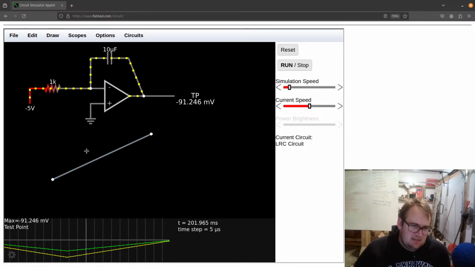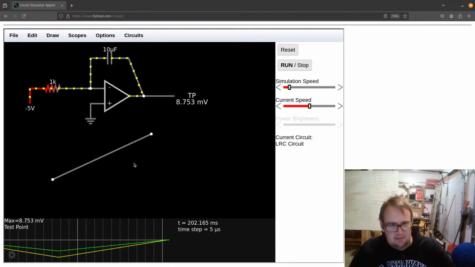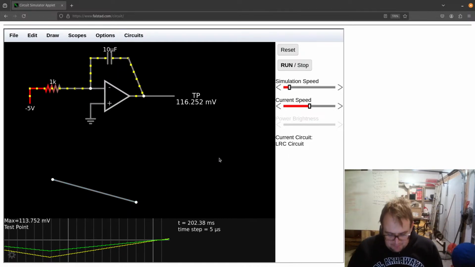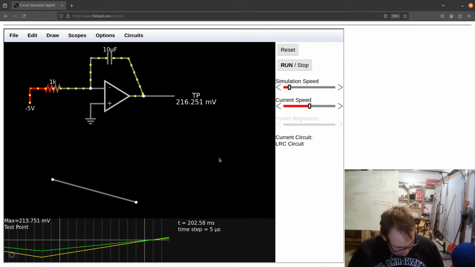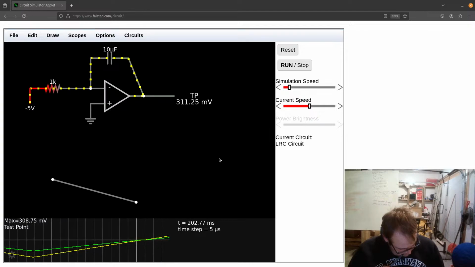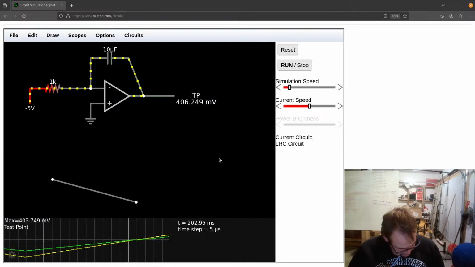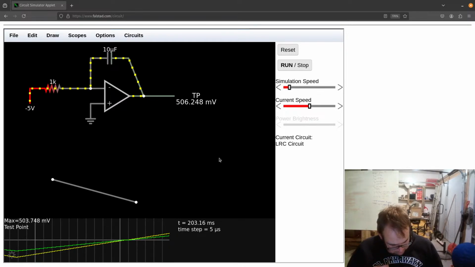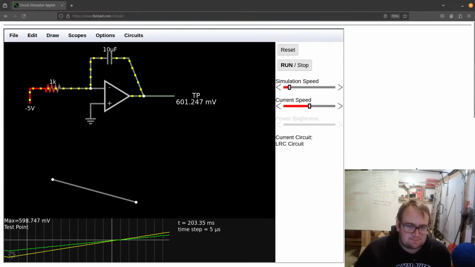And since this is an integrator, and we're applying minus 5 volts, I thought that we would have this. But I think, yes. I think it does say that later.